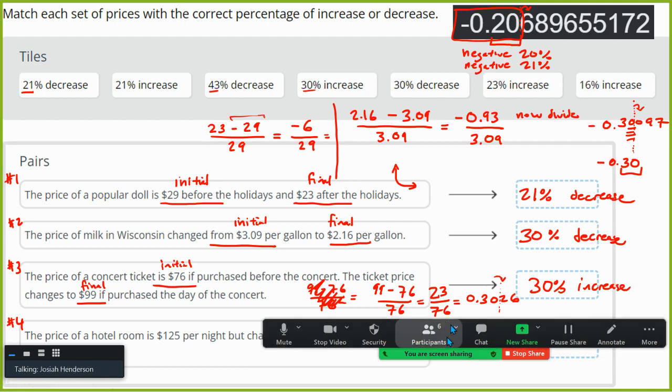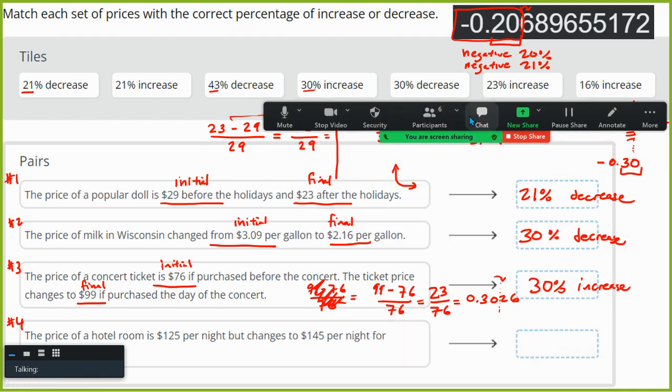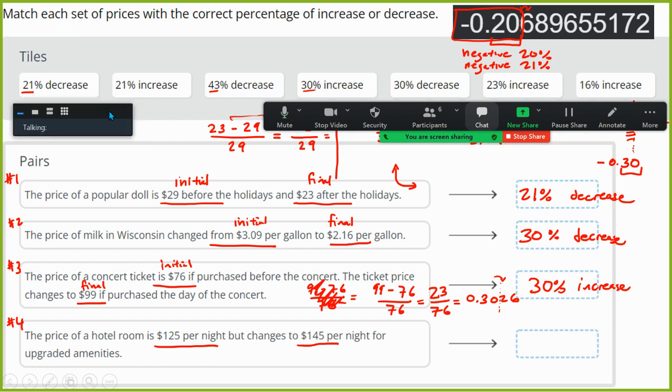Awesome. And our last example. The price of a hotel room is $125 a night, but changes to $145 per night for upgraded amenities. So for more stuff in the room. All right, but we're not worried about that. Let's just look at our numbers. Initial, final.